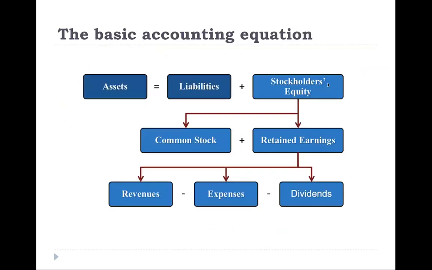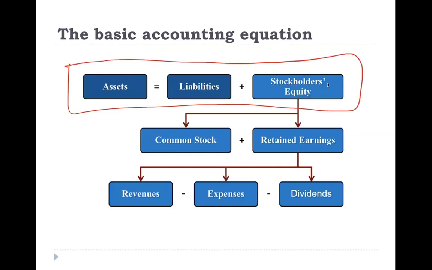And here, this graph just summarizes what we just said. So this is the basic accounting equation. And within assets, we have a lot of different accounts. We have cash, and, for example, accounts receivable, inventory. We're going to talk about all of those accounts in the rest of the semester.